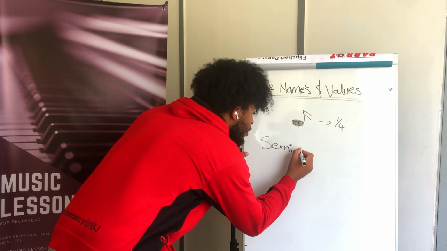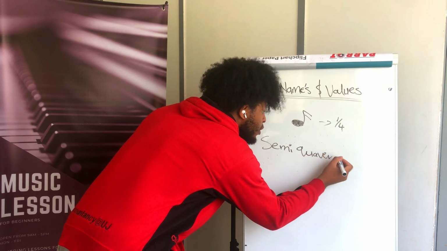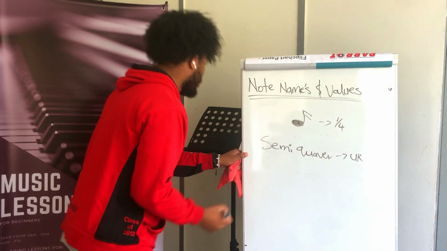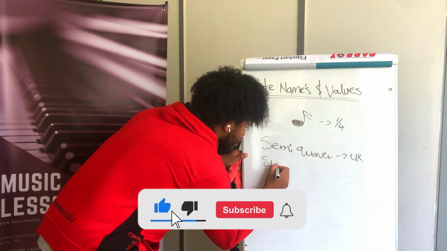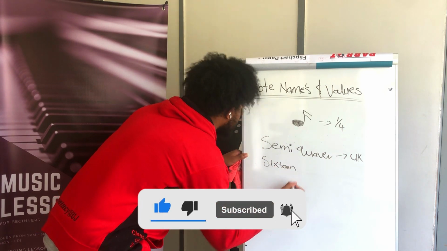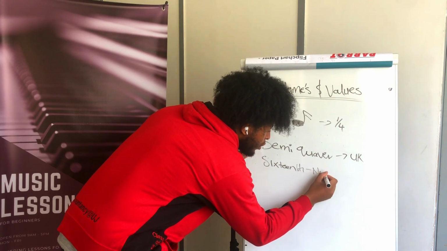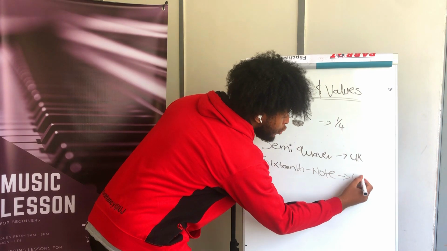That's the value. So this one is called semi-quaver, right? That's the UK. And then we have 16 notes, which is the US.